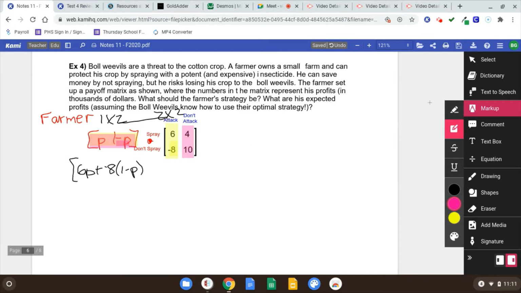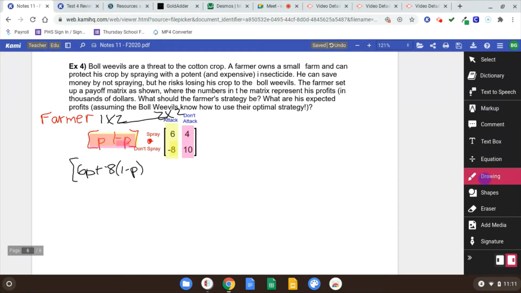So, zip up your numbers again. We're going to have p times 4 is 4p. And then multiply the second numbers, 1 minus p times 10. So plus 10 times 1 minus p. And there's our matrix. There are our two expressions.